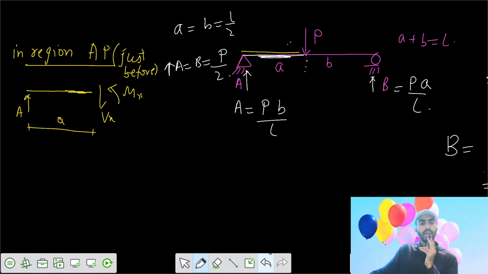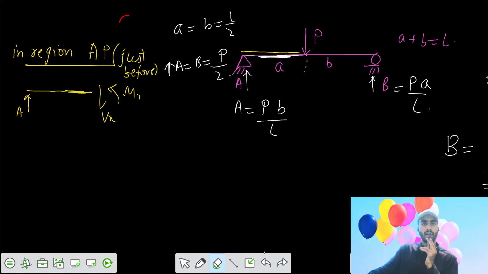We can do it directly, or we can vary the x. Let's vary the x to get a better view. Let's say you have cut the section in the region AP at anywhere. We don't want to write just before; we would say at any x.